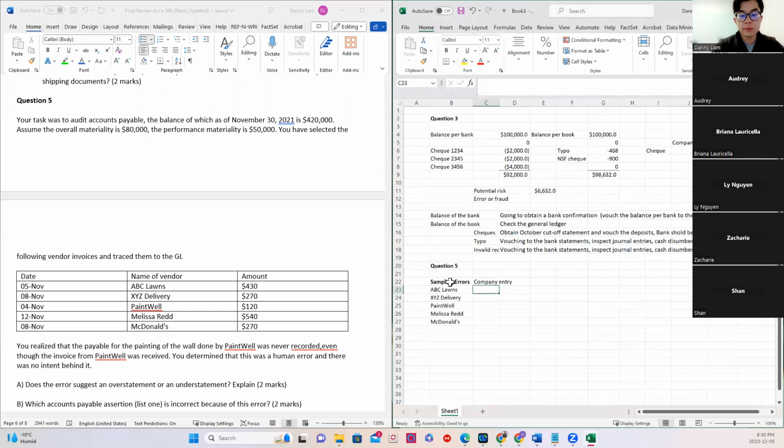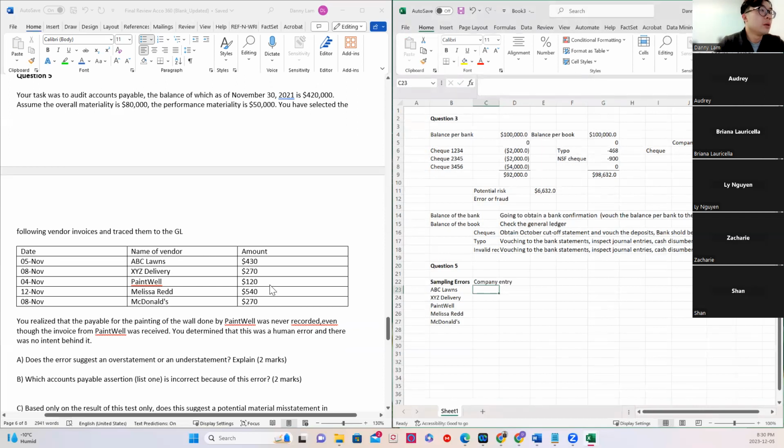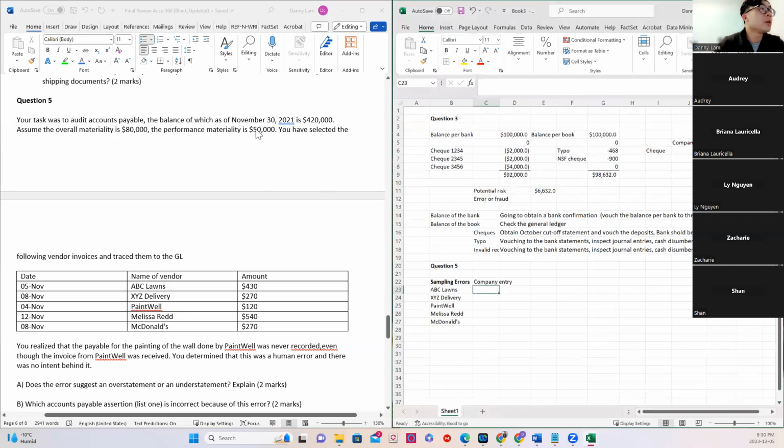Okay, first of all, step back. What are we doing? So A, does the error suggest an overstatement or understatement? So what did they do? We're looking at invoices here, and you're taking a sample to represent the whole population, and you want to see the fact that this payable was not recorded.